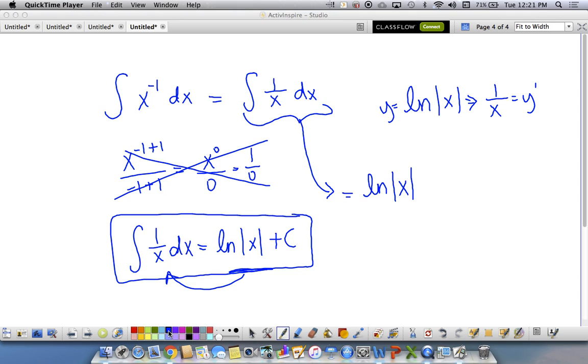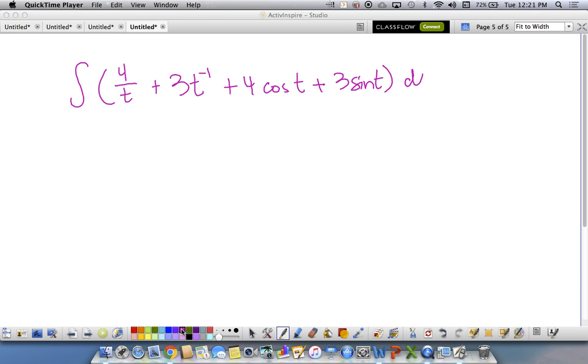So anytime you see something that's over x, let's go ahead. We want to find the integral of 4 over t plus 3t to the negative 1 plus 4 cosine t plus 3 sine t dt.